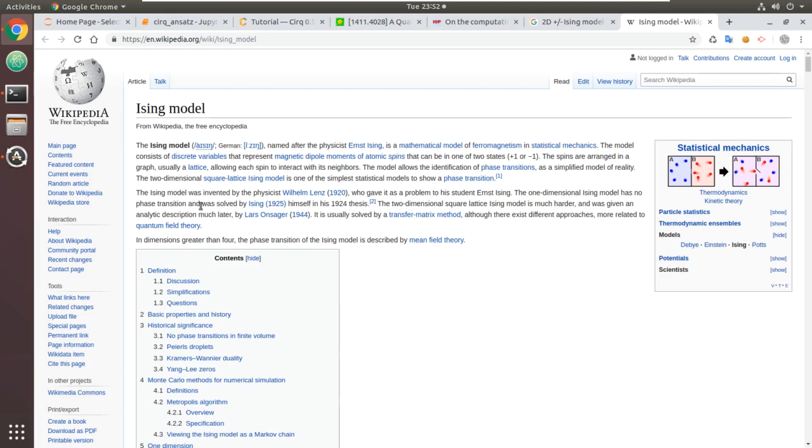The Ising model was invented by the physicist Wilhelm Lenz, who gave it as a problem to his student Ernst Ising. The one-dimensional Ising model has no phase transition and was solved by Ising himself in his 1924 thesis.